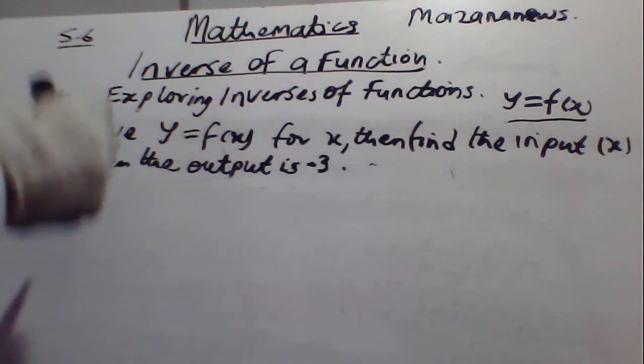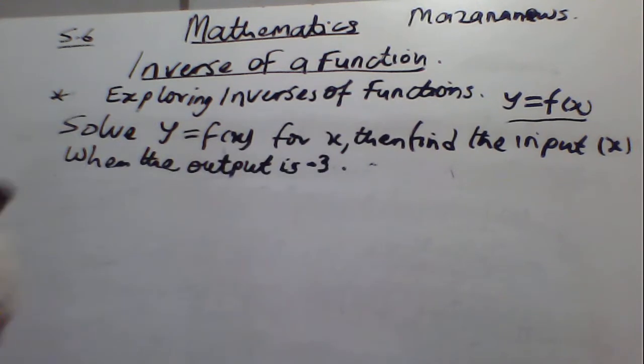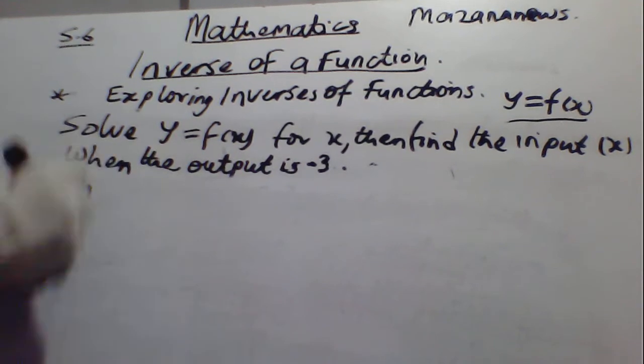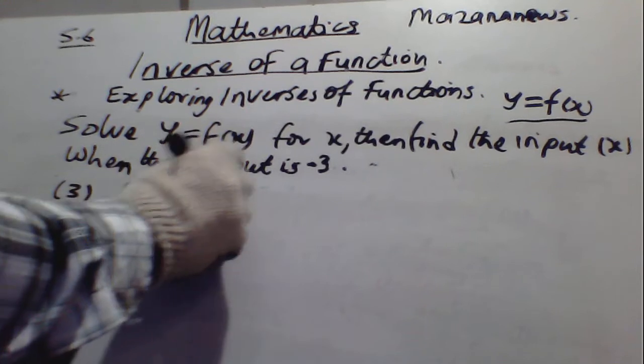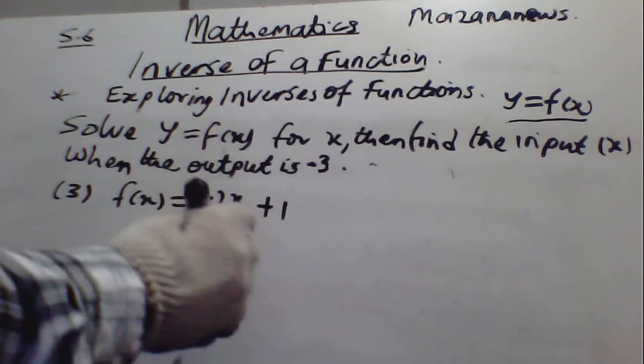Okay, the third one, the output is minus 3 as well, so you are required to find the input. The third example, f of x is equal to minus 2x over 3 plus 1.